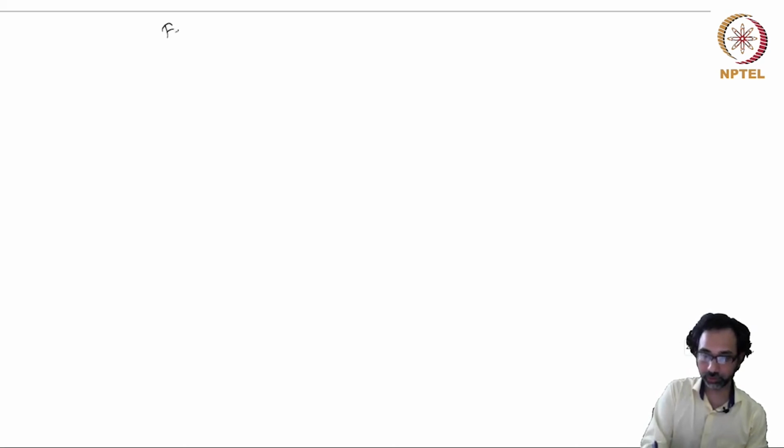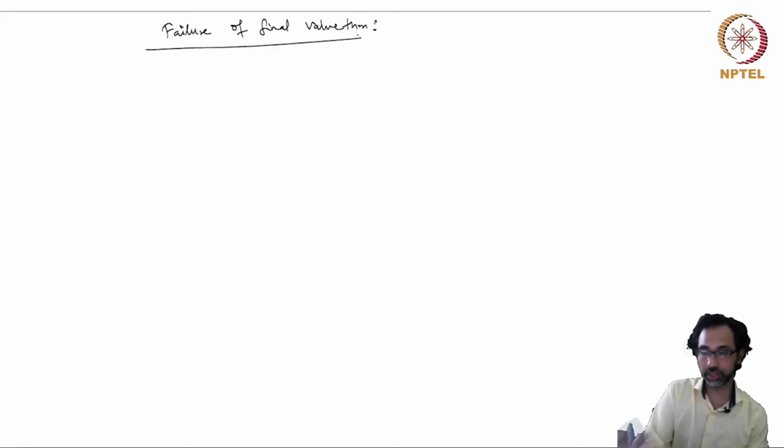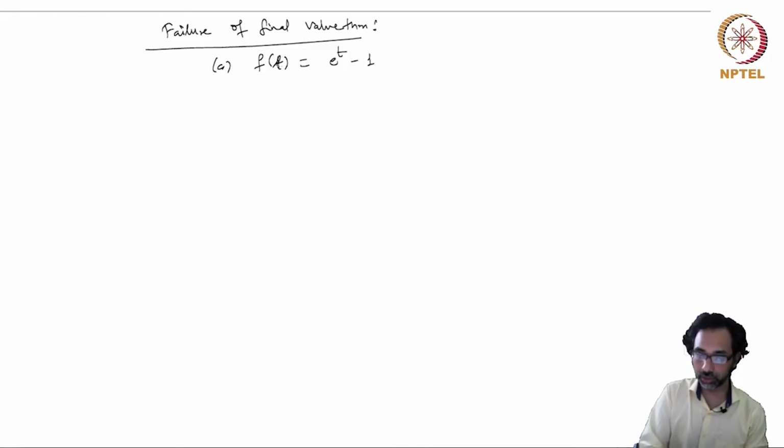Let's see failure of the final value theorem. So in this case we take f(t) to be e to the power t minus 1. So our F(s) is 1 over s minus 1 minus 1 over s, which is nothing but 1 over s times (s minus 1).